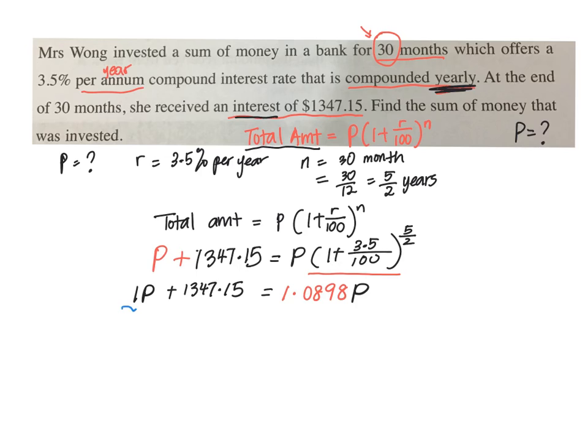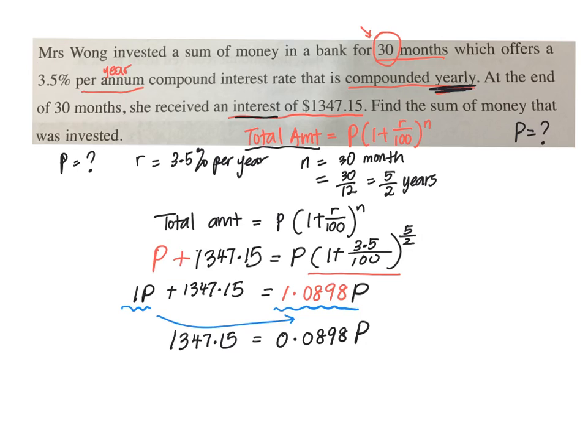Okay, rearranging our units of P together over to one side. I'll probably shift over here so that I get a positive number. I'll keep this to be 1347.15. And then this one over here will be 1.0898 minus 1. So after I subtract, I'll get 0.0898 units of P. Now, how do I get P?